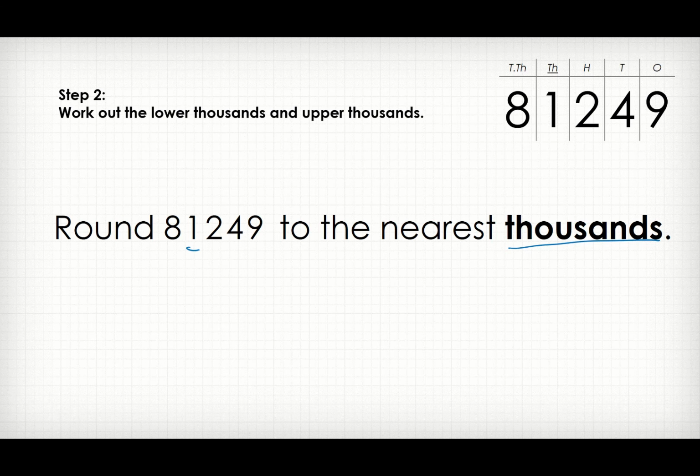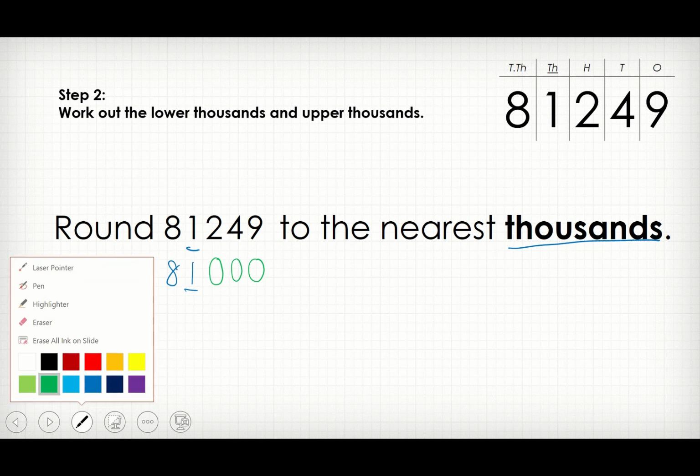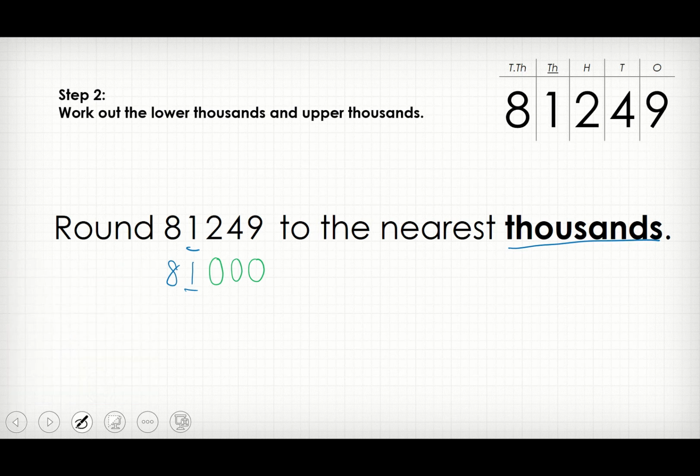To find the lower thousands, keep the digits on the left and replace all digits on the right with zeros. Remember, these are not significant. Secondly, to find the upper thousands, we add 1000 to the lower thousands, and that will give me 82,000.